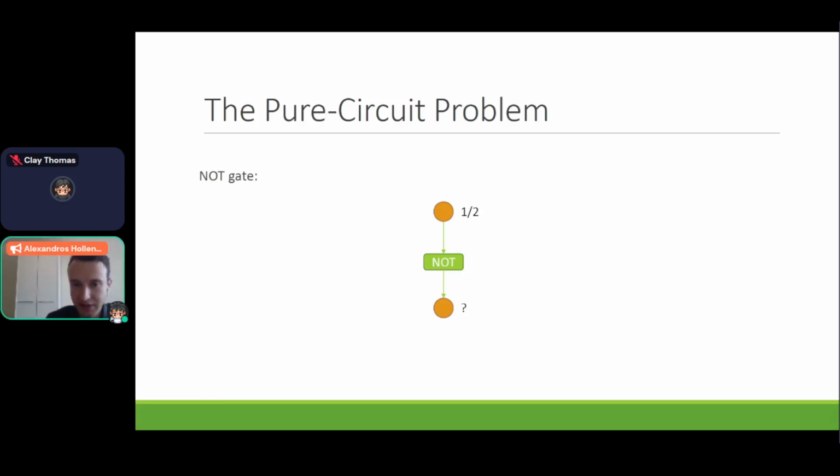And the answer is that the gate doesn't care. If its input is 1/2, the output can be anything. And by anything, I mean any number between 0 and 1. Okay, the gate doesn't impose any constraint in that case. In other words, it's happy with any output whatsoever. And this holds for any input that is not 0 or 1.